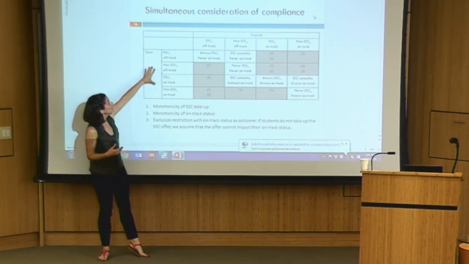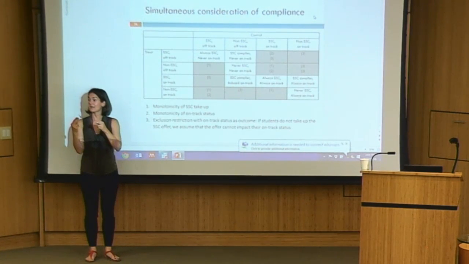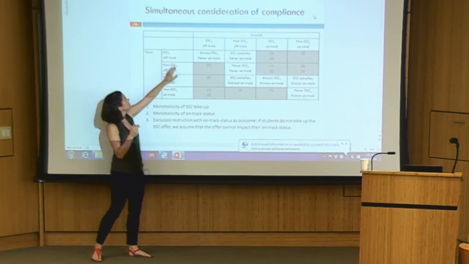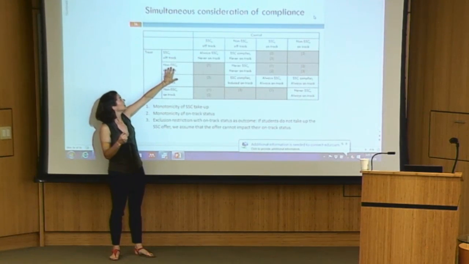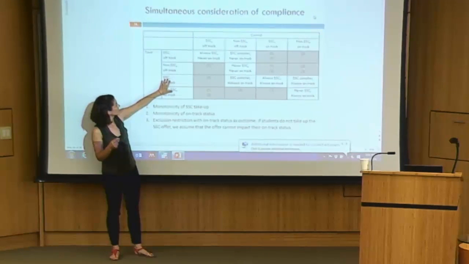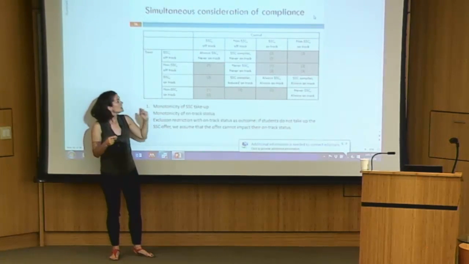So here, my strata are defined by both compliance and on-track status, right? So the possible values are take-up of SSC and off-track, non-take-up of SSC and off-track, take-up of SSC and on-track, not taking up the SSC and on-track, okay?